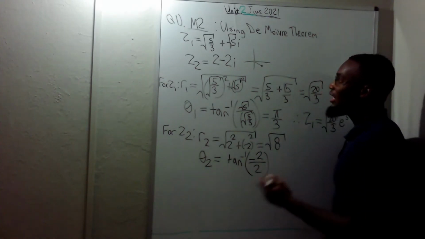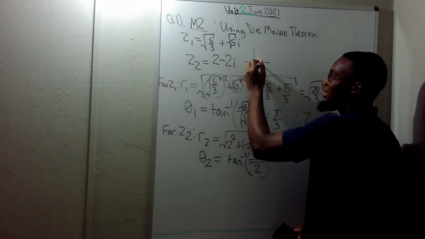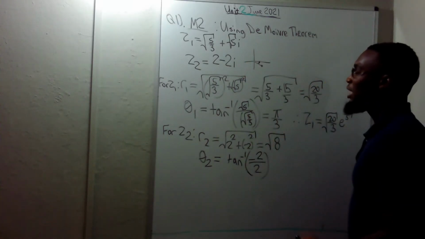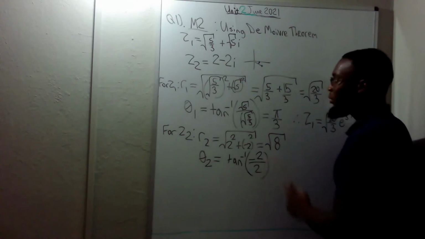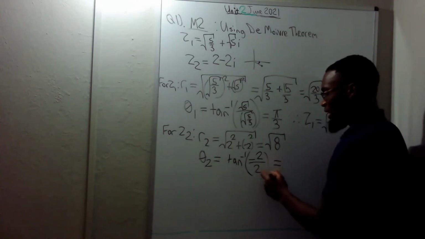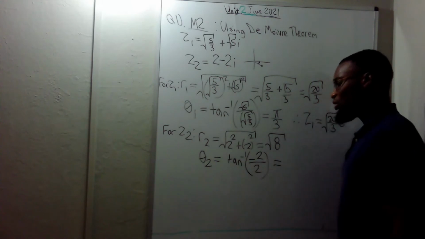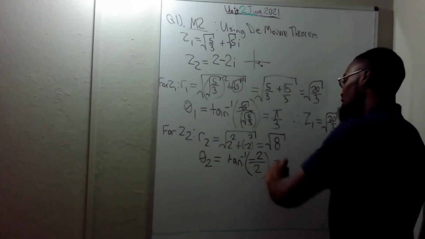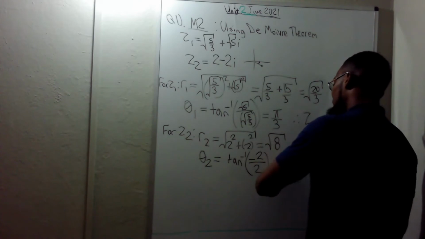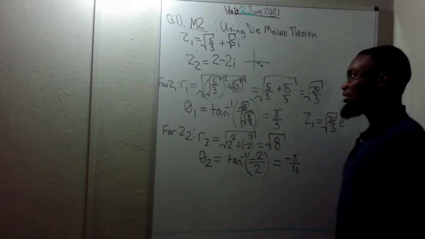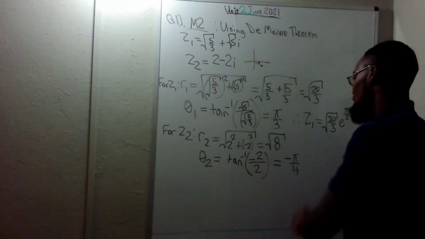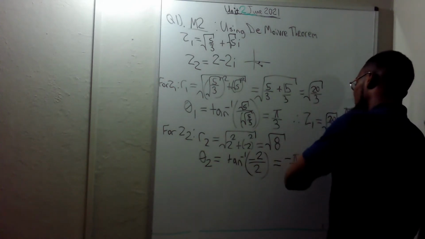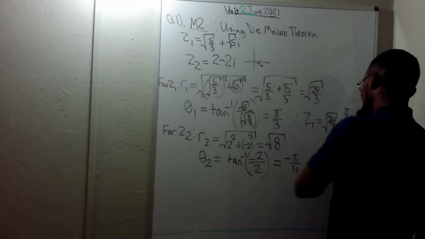Remember the angle that we want is what it makes with the positive x-axis. So this works out to be tan inverse of negative 2 over 2, which is tan inverse of negative 1, that's minus pi by 4. That's what we get for theta 2, minus pi by 4. So now we can write, therefore, z2 is equal to the square root of 8 times e to the minus pi over 4i.